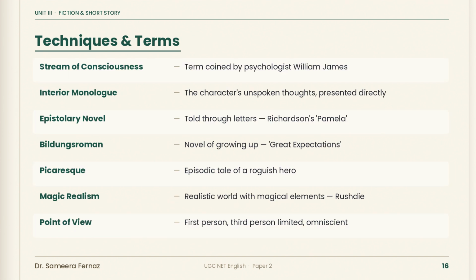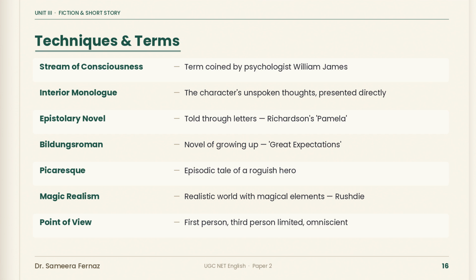Now the techniques. Stream of consciousness is a term coined by psychologist William James. Interior monologue presents the character's unspoken thoughts directly. The epistolary novel is told through letters, as in Richardson's Pamela. A Bildungsroman is a novel of growing up, like Great Expectations. Great Expectations is one of my favorite novels.